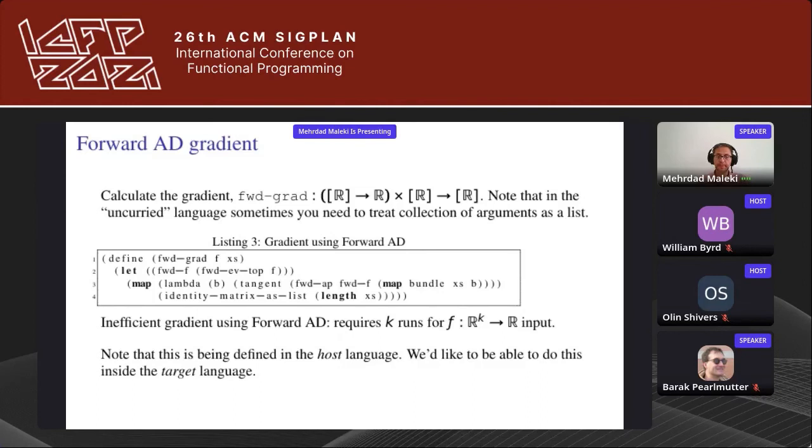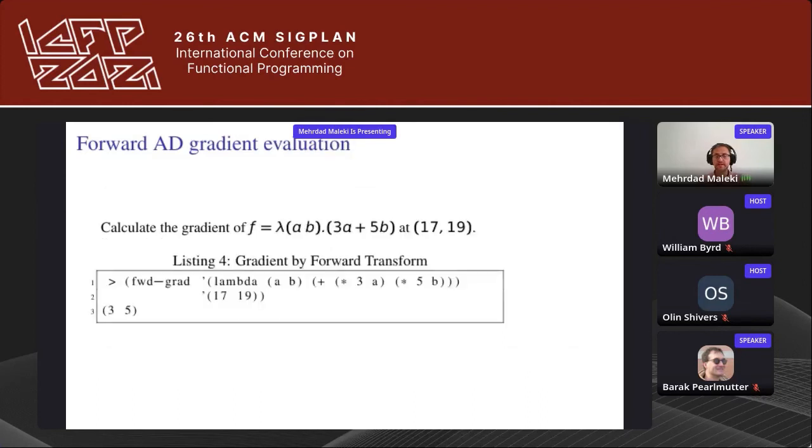For example, this is an example of calculating the gradient of 3a plus 5b at 17 and 19, which should be 3 and 5, and you can see in this implementation that the forward gradient of this function at this point is 3 and 5.